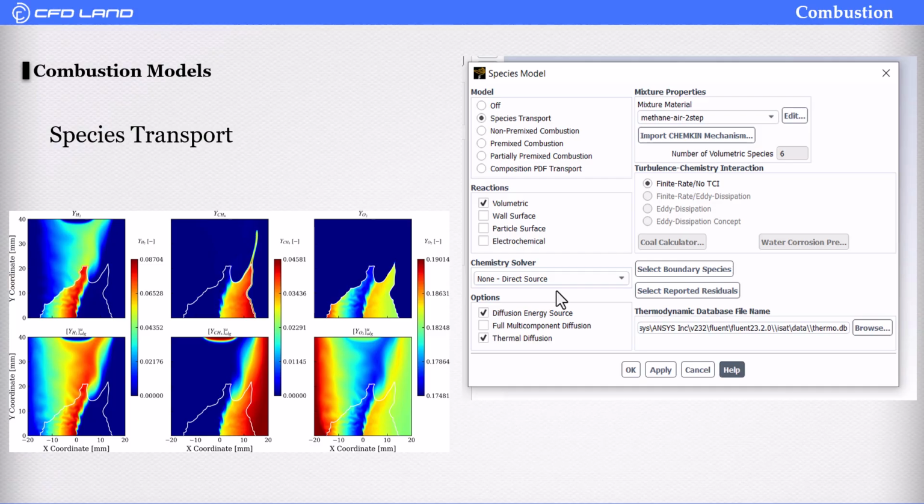And when you have pressure-based solver, choose stiff or relaxed solver. Here you can see the contours for mass fractions of oxygen, methane, and hydrogen. These contours are plotted using species transport model.